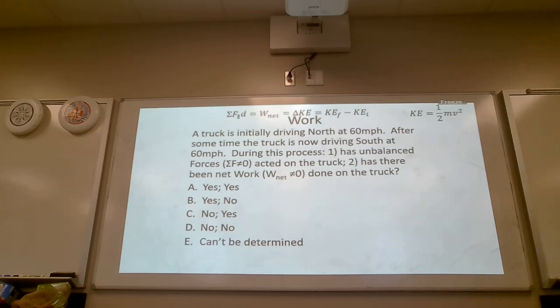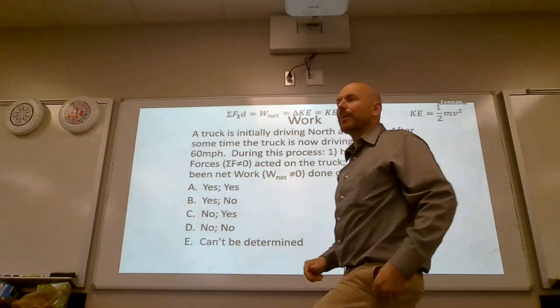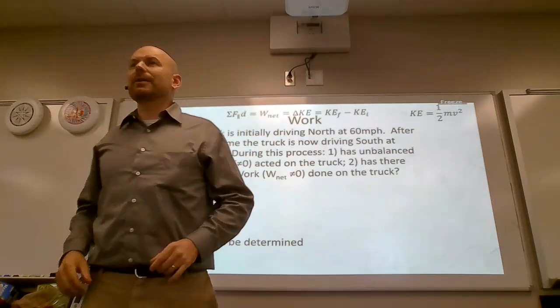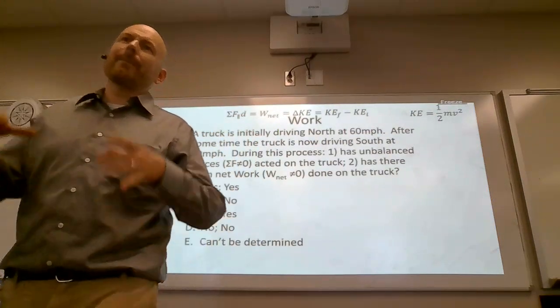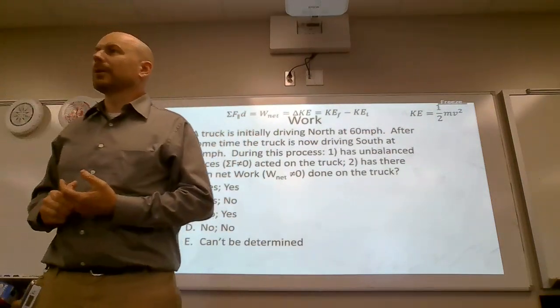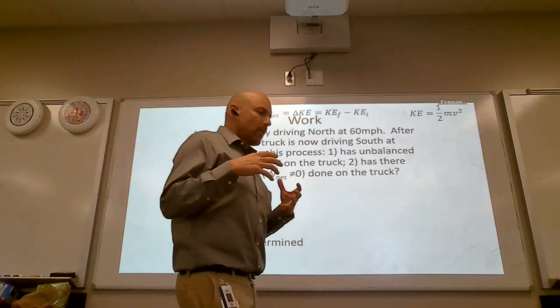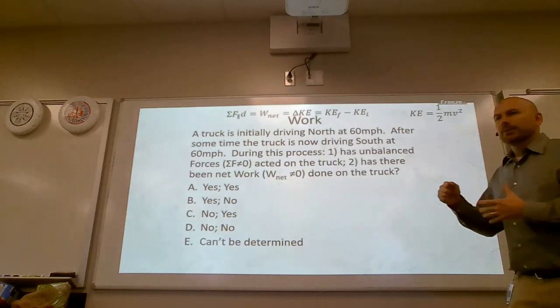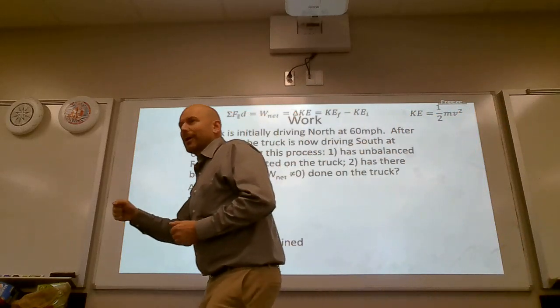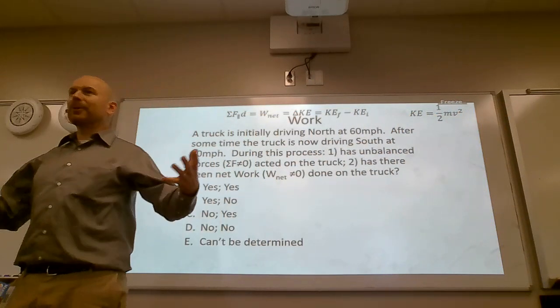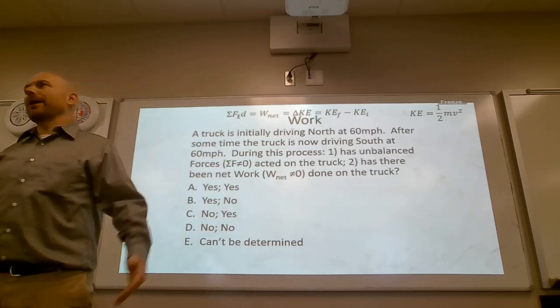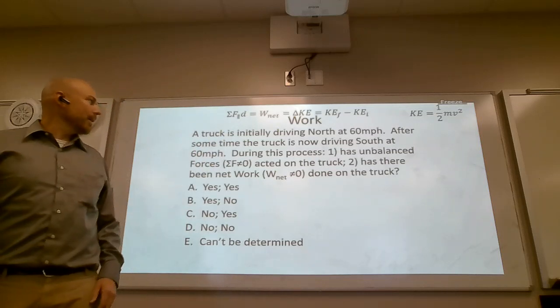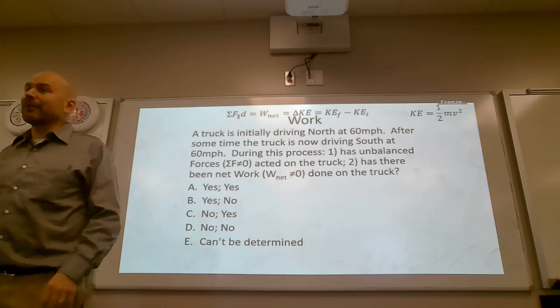Here's the thing. Work is a process. It's not instantaneous. When we did the free body diagram, it was a snapshot in time: what forces are acting on it, boom, you got an acceleration. Work is a process. During the first part, you had negative work. If we stopped right there, you'd say there's definitely some negative net work.